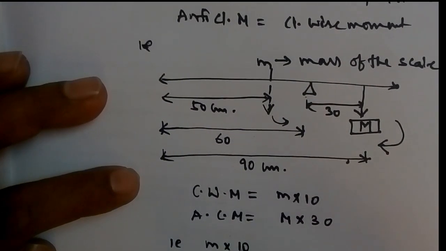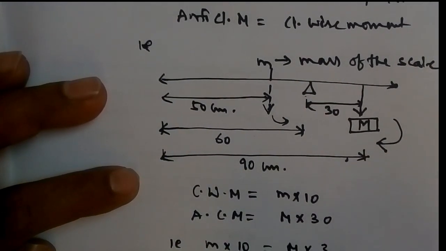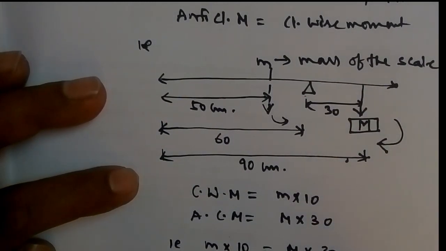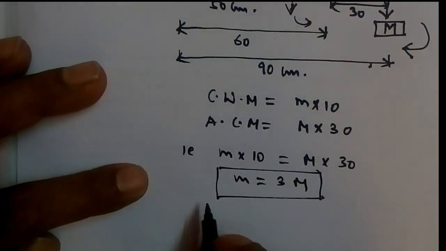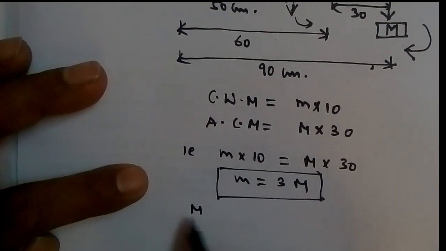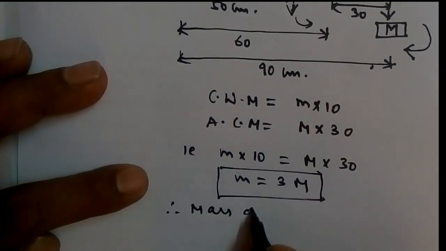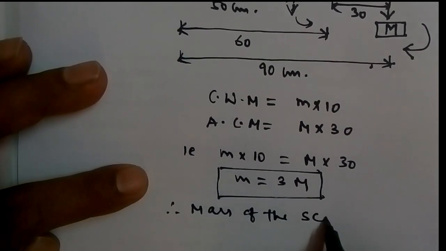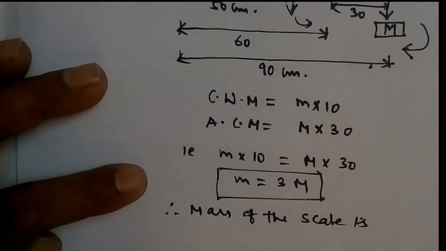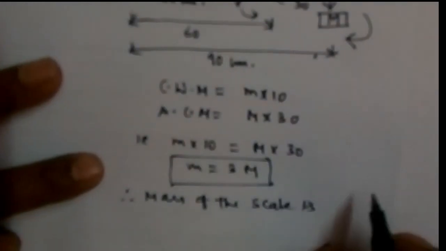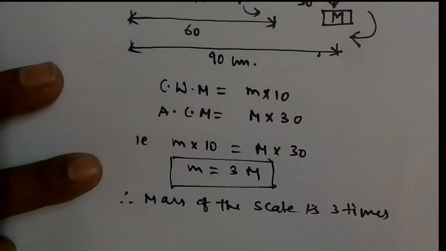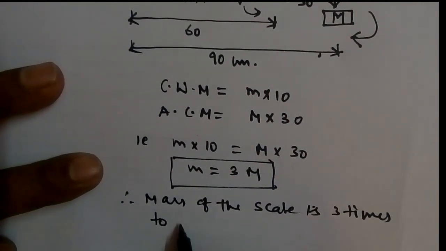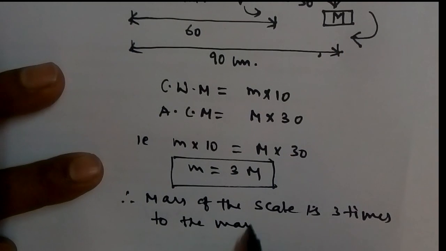So 90 minus 60 is 30 centimeter. So using the anti-clockwise moment, that is mass small m of the scale into 10 centimeter. We are taking 10 centimeter because the distance of the fulcrum from the center is 10 centimeter, and similarly capital M into 30. So here we are getting m equal to 3M. So the mass of the scale is basically thrice the mass of the weight suspended.